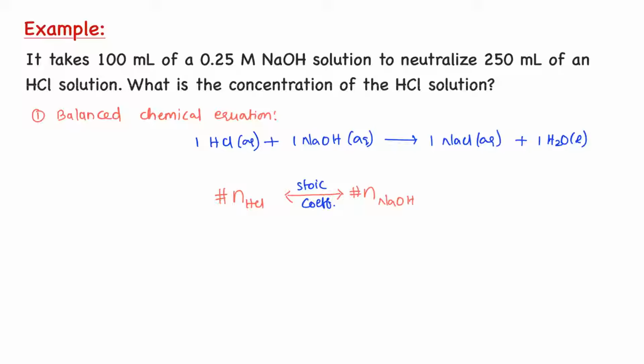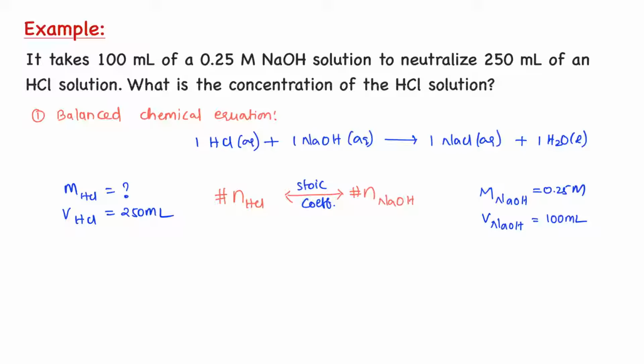Let us now write down what is given. The molarity of sodium hydroxide is given and the volume of sodium hydroxide is given. The volume of hydrochloric acid is given and we need to calculate the molarity of hydrochloric acid. It is like solving a puzzle. We start with sodium hydroxide and move towards hydrochloric acid.